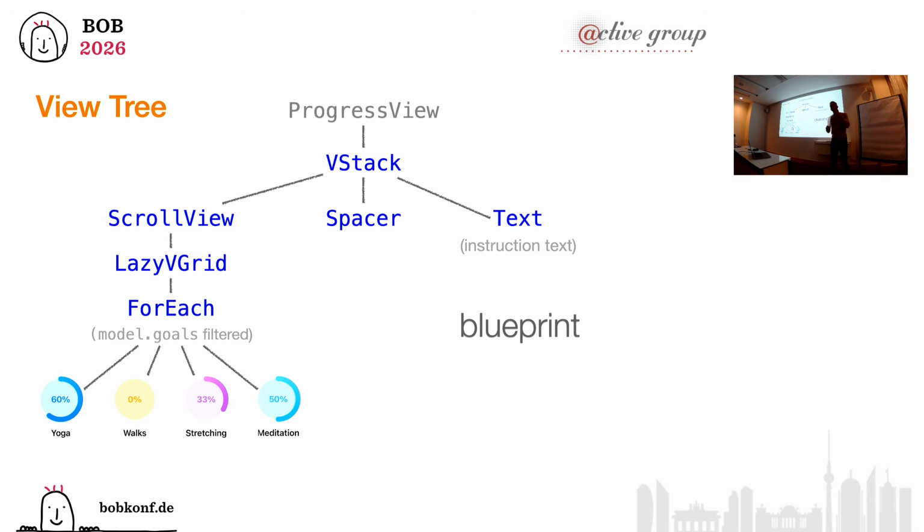Now, the view tree is not the object structure for the user interface. It's more like a blueprint of it. It describes what I want to have, but it's not the thing.